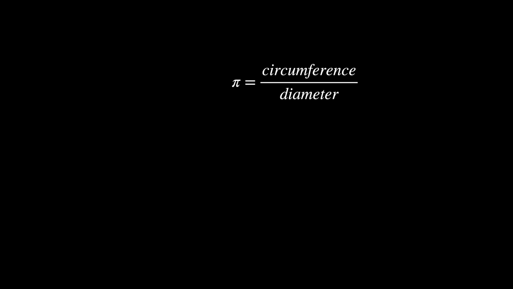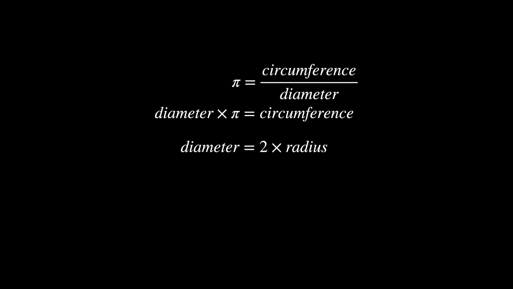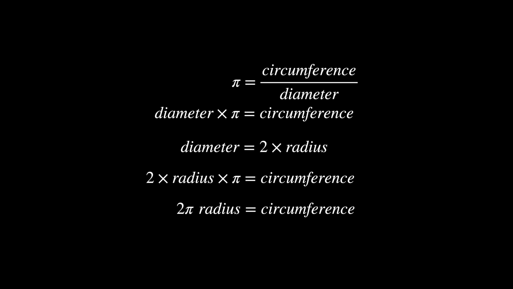We can say that pi is the circumference over the diameter, which is the same way of saying the diameter times pi is the circumference. We can say the diameter is twice the radius, and so twice the radius times pi is the circumference. We can write it like that without putting the x in there with that cross, because when you get ahead into algebra, the cross just gets annoying.